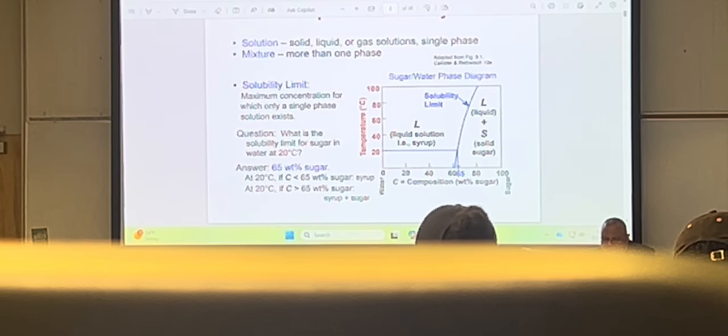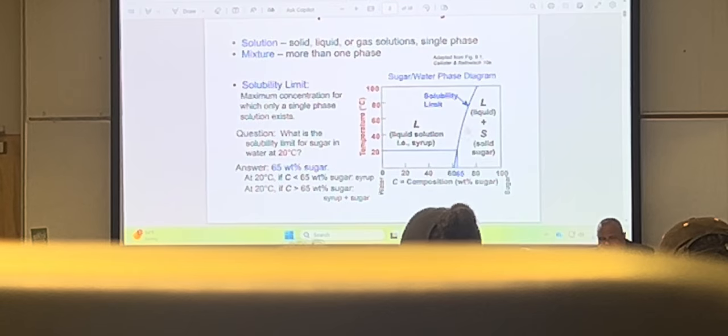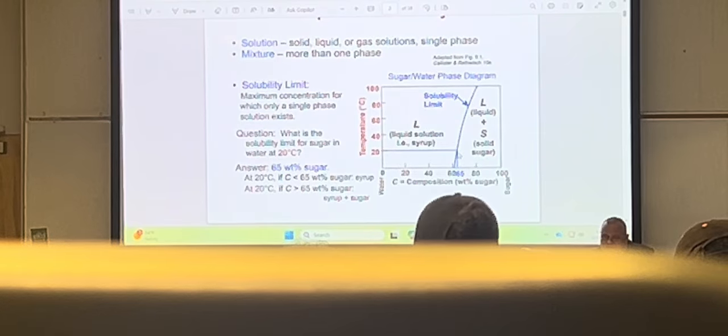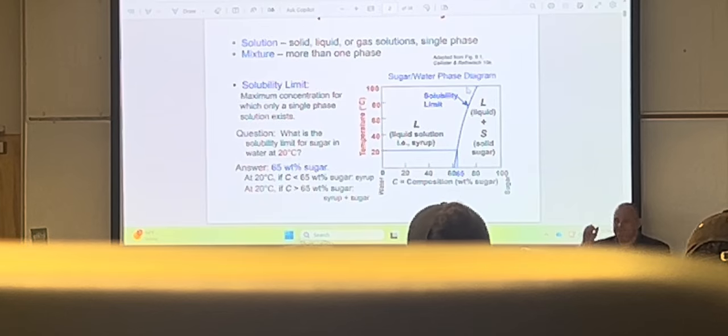But if you go to 65% sugar, you're going to start to see the crystals precipitate on the bottom of your glass. And if you heat it up to boiling temperature of water, 100 degrees, you can dissolve 80% sugar. So all that sugar that is here at 65 weight percent at room temperature is going to get dissolved.